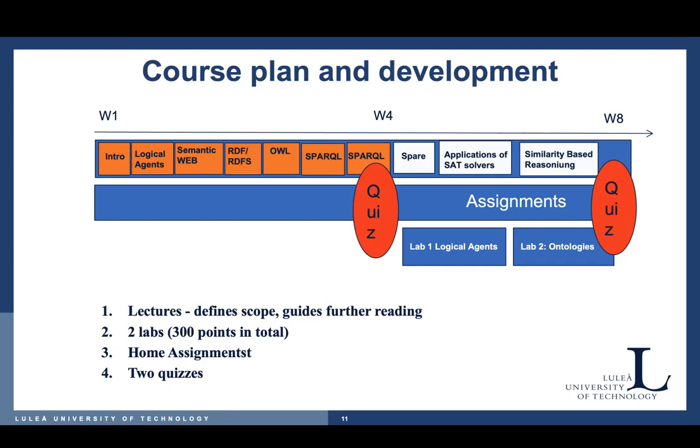Lab 1 is maybe a bit more difficult with respect to time, so complexity is higher. And so it generates more points this year. I changed the point settings compared to last year.